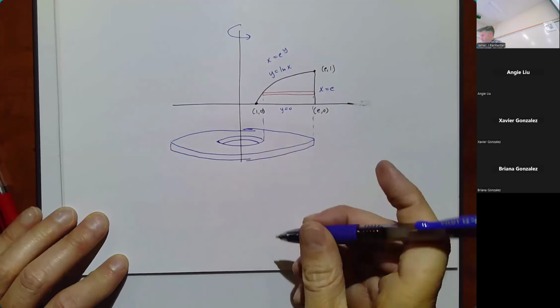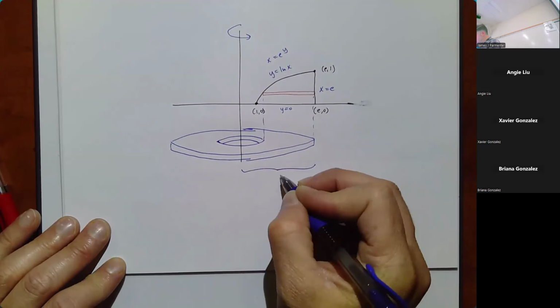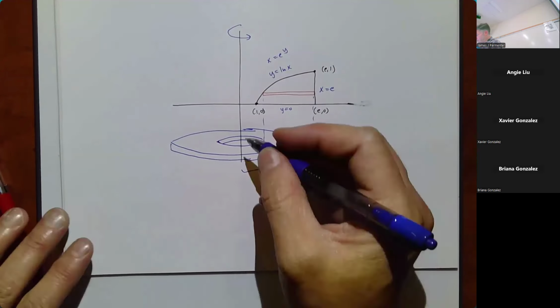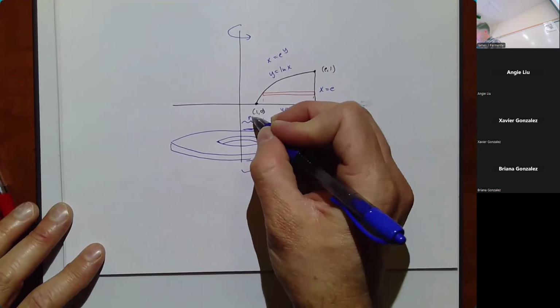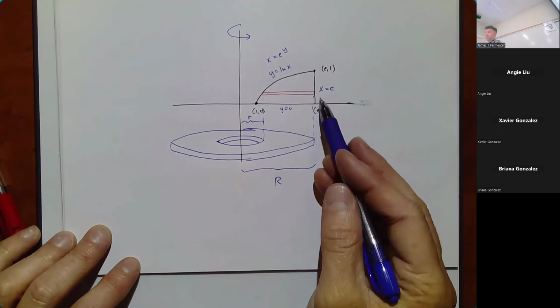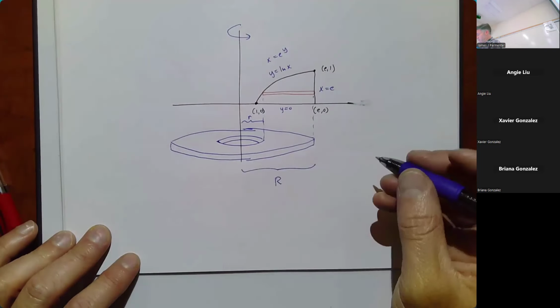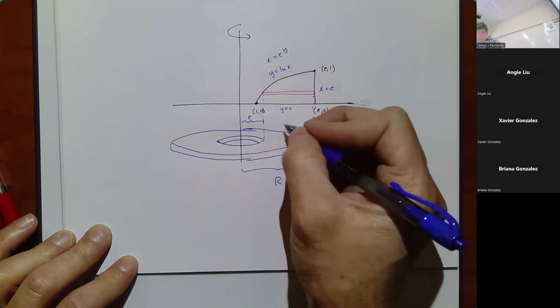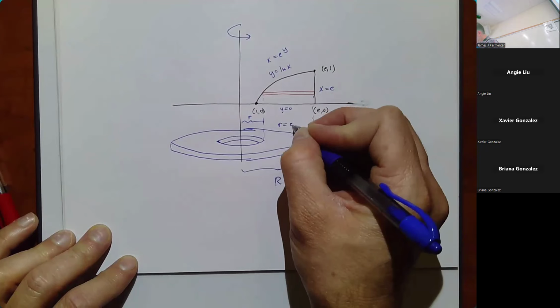If you look here, this distance is the radius of your larger circle, and this distance is your smaller radius. Your larger radius is literally the function that's further from your axis of rotation. So my larger radius here is just e, and my smaller radius here is just e to the y.